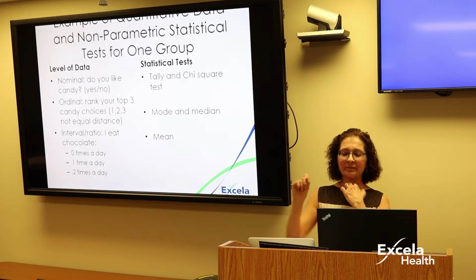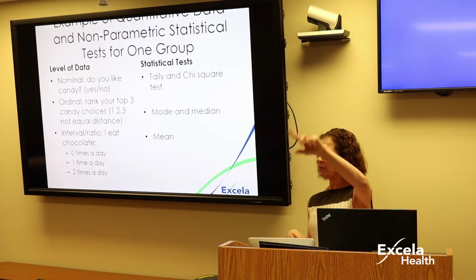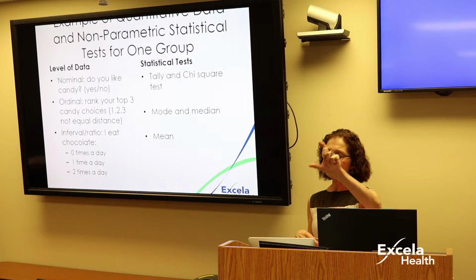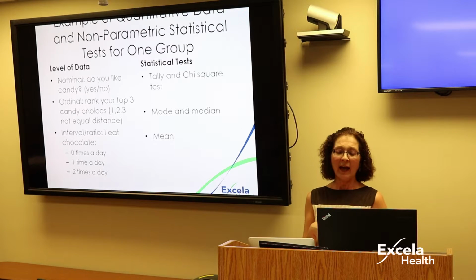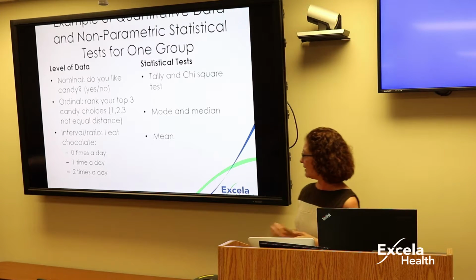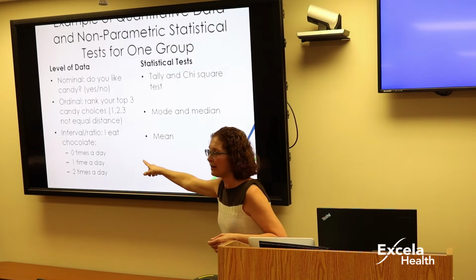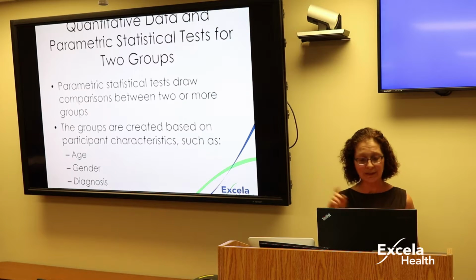Ordinal level data, rank your favorite candy. You would have your rank, but the rank between 1 and 2 and 3 isn't going to be the same distance, so you could do the mode and the median. I eat chocolate how many times a day? 0, 1, or 2. You could do a mean, because that's a whole number, and you have an absolute 0. Although nobody here would probably pick the 0, but you never know.